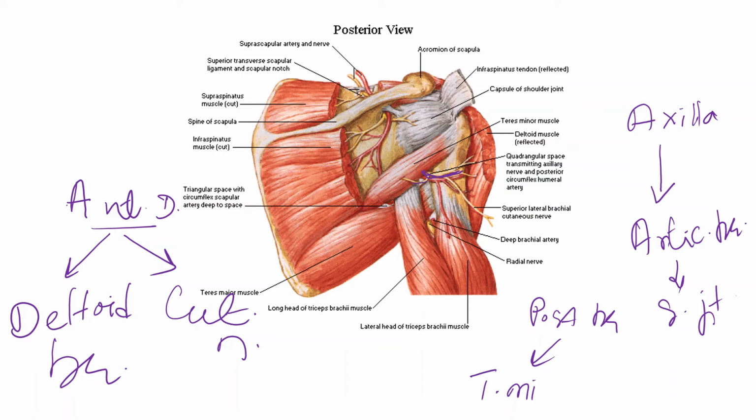The nerve to teres minor, after supplying the respective muscle, ends by forming the pseudoganglion. Yes, this is very important. So this is the fate of the nerve to teres minor.